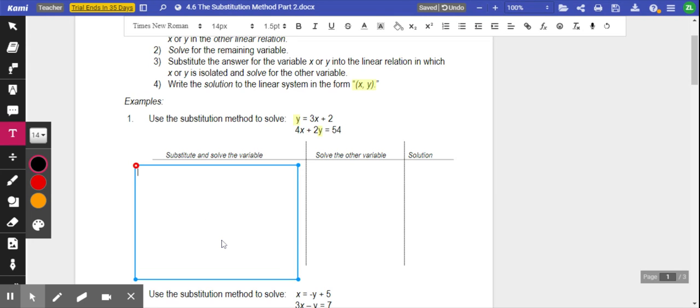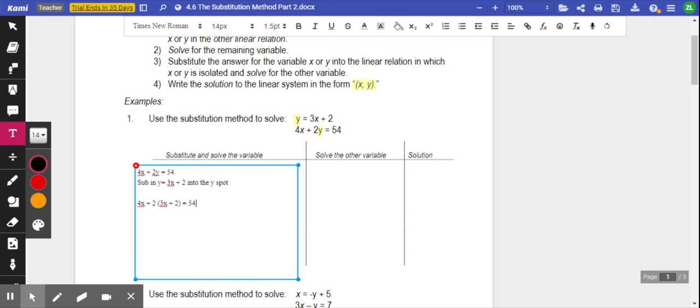So the equation we're going to use for this is 4x plus 2y equals 54. And we're going to sub in y equals 3x plus 2 into the y spot, okay? What that's going to look like is 4x plus 2, and then instead of y, we're going to write 3x plus 2 equals 54.